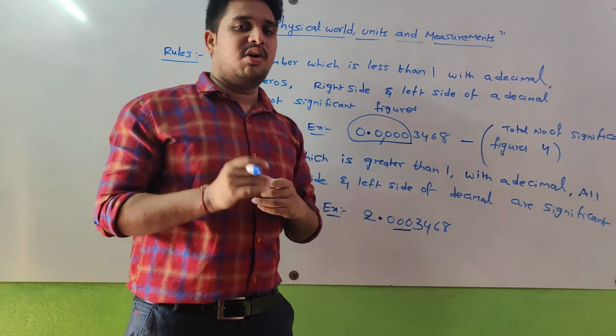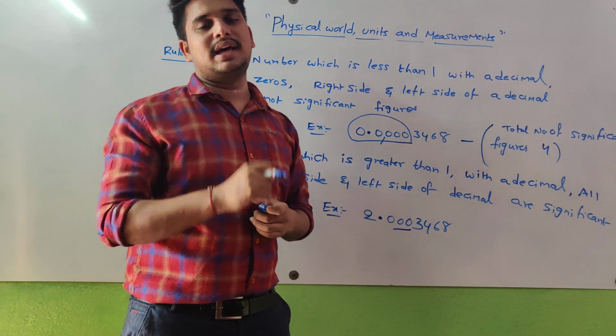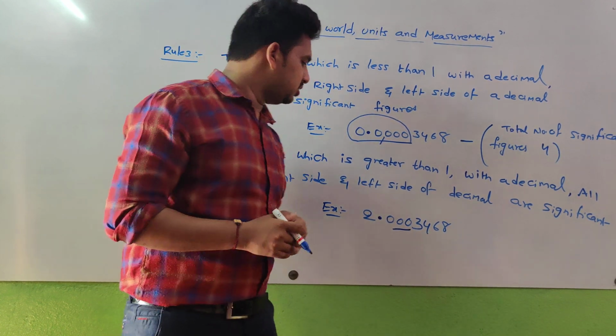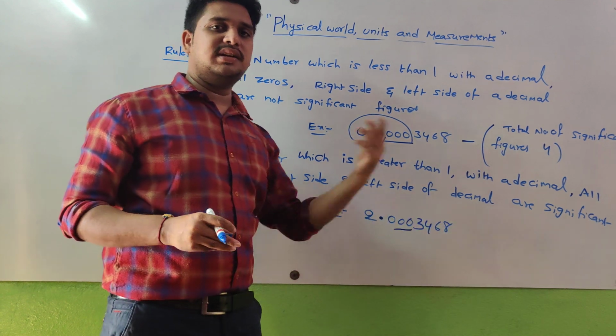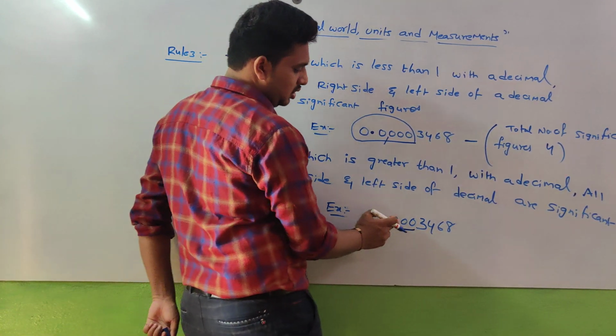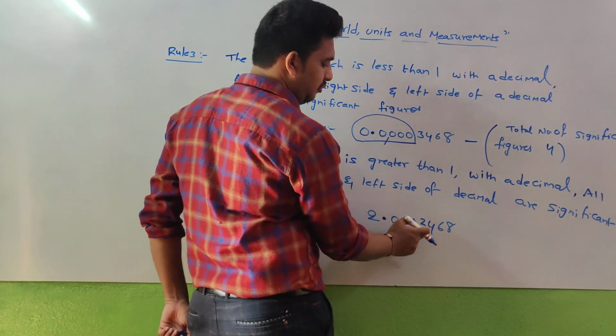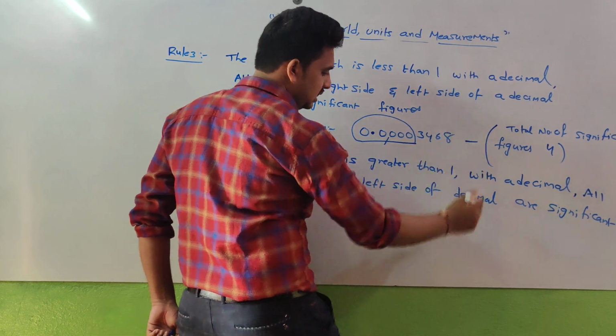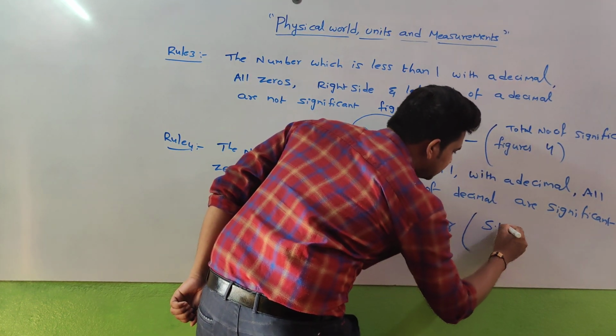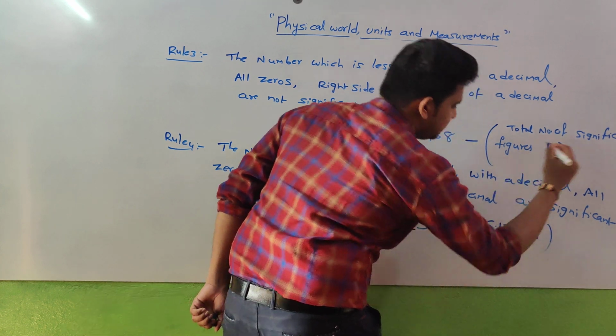Less than 1 means we are not considering those zeros as significant figures. So now how many significant figures in this number? 1, 2, 3, 4, 5, 6, 7, 8. So significant figures in this number is equal to 8.